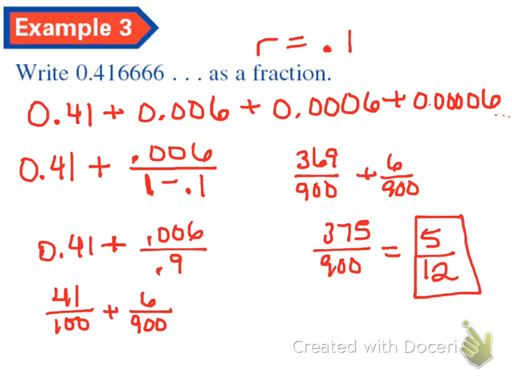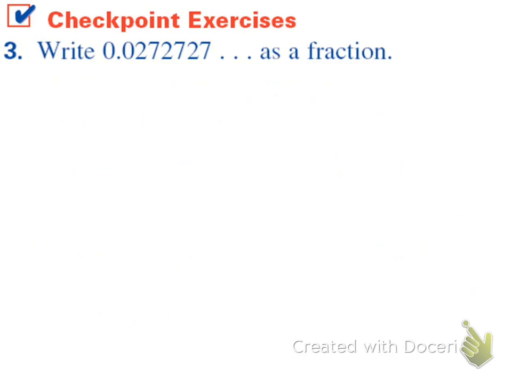Alright, how about you try it a couple of times? Right, 0.0272727 as a fraction. Pause the video, give it a try. Alright, if you did this correctly, you should have ended up with 3 over 110.